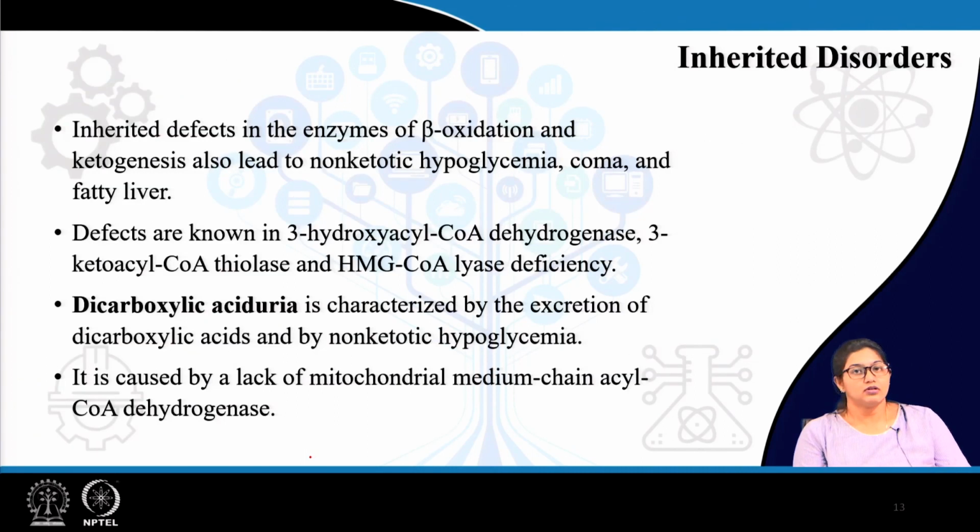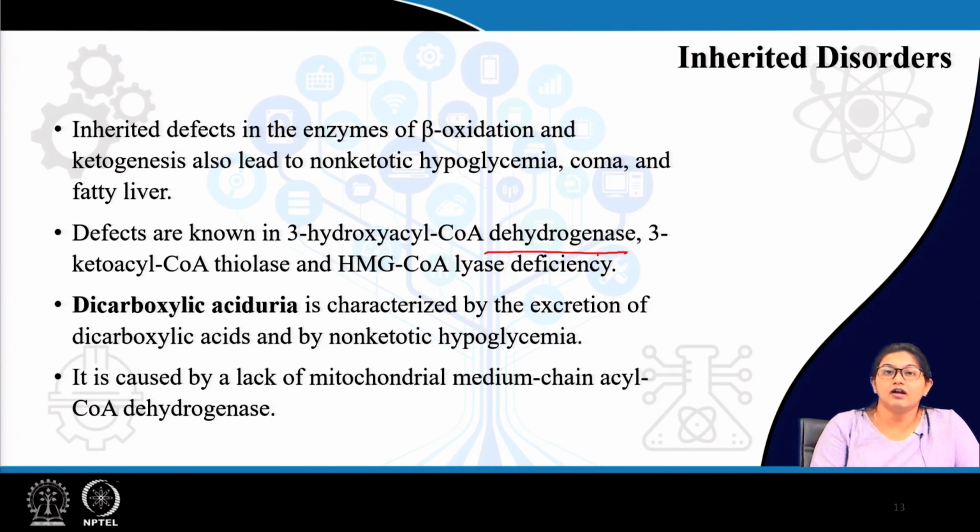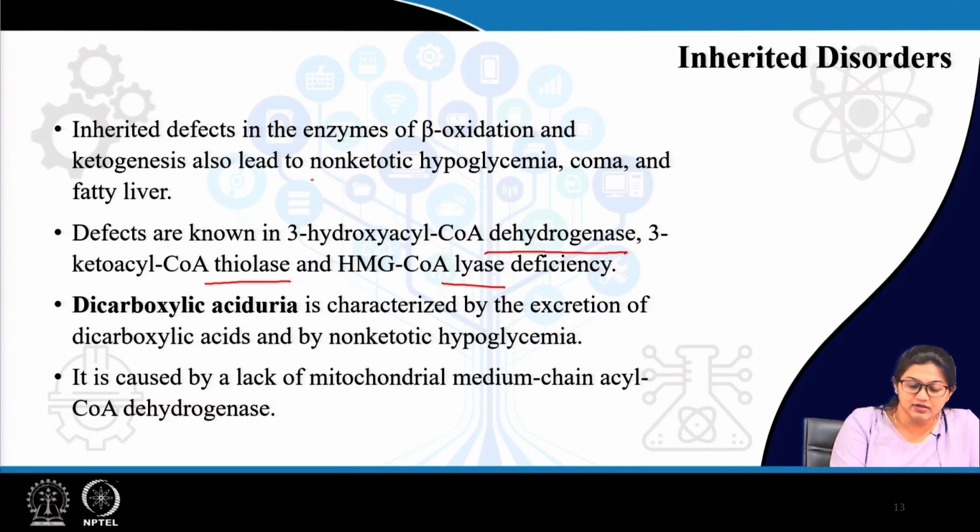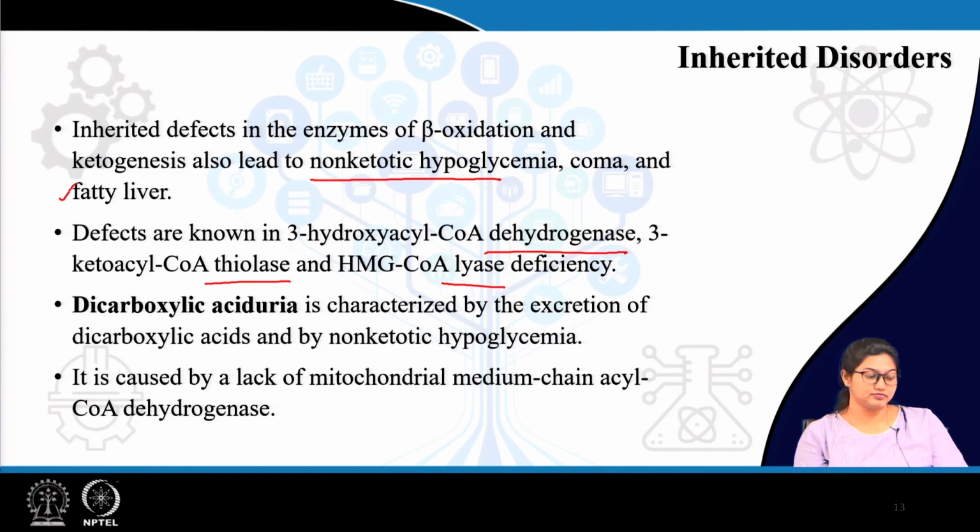So, again, if there are beta oxidation defects in the enzymes dehydrogenases or thiolases or lyases in ketone body formation, in those cases there is dicarboxylic aciduria as well as non-ketotic hypoglycemia and also fatty liver.